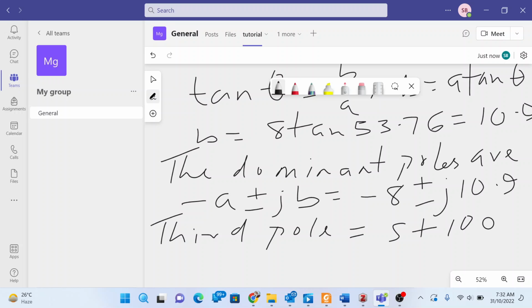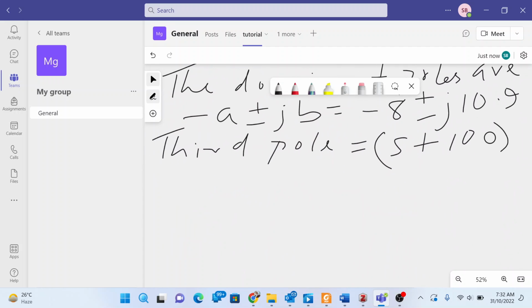So from these 3 poles, we can now determine our characteristic equation.